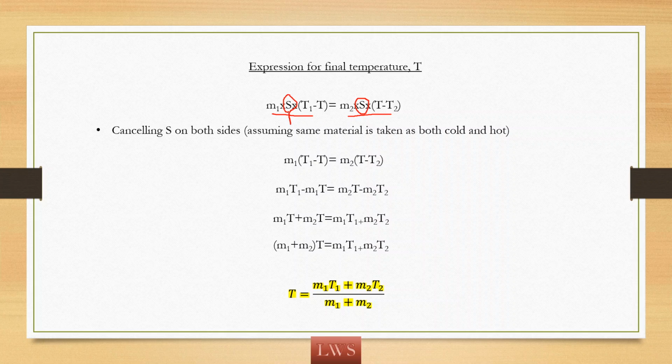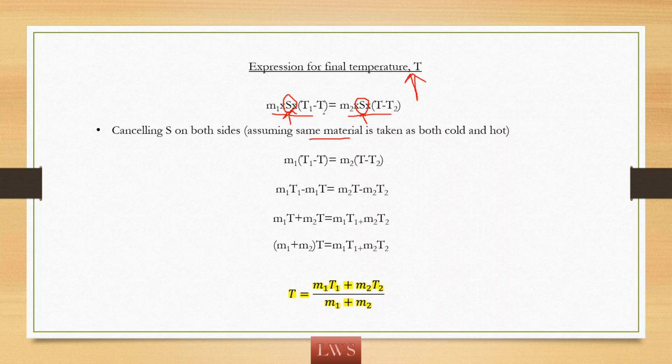So specific heat of hot body and specific heat of cool body being the same means both the hot and cool are of the same material. If those are different materials, we cannot cancel out specific heat because that is different for different materials. So this formula for final temperature holds good when, for both hot and cold, the material is the same.